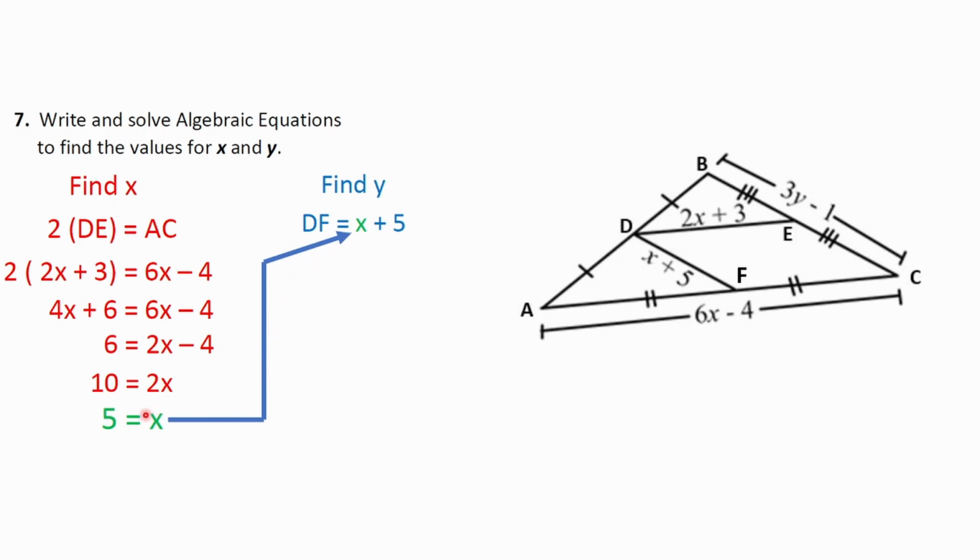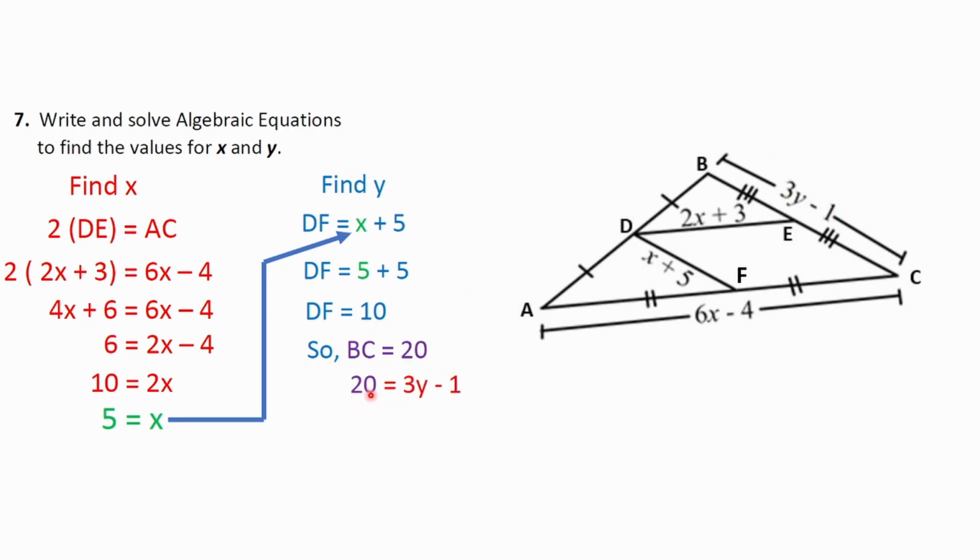So we're going to now take that value and substitute that in, which means that we can say, okay, DF is 5 plus 5 now, which gives me a length of 10 here. And then after that, I can say, well, I know that BC must be 20 because BC is going to be twice the length of DF. So I'm just, instead of setting that up as 2 times 10 equals this, I'm just going to say that I know that BC now is 20.